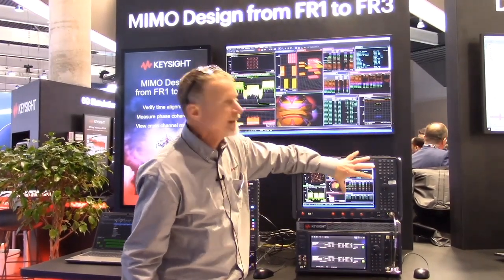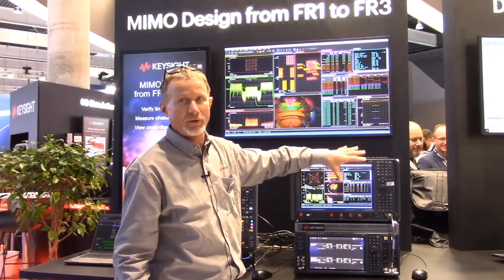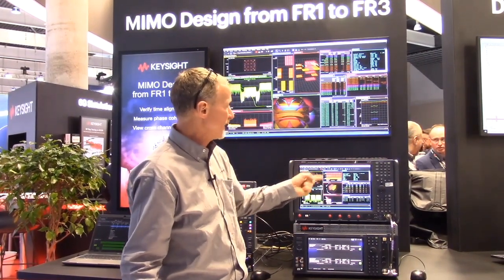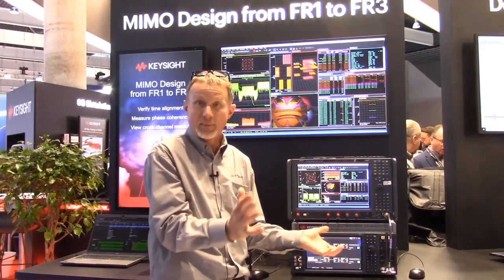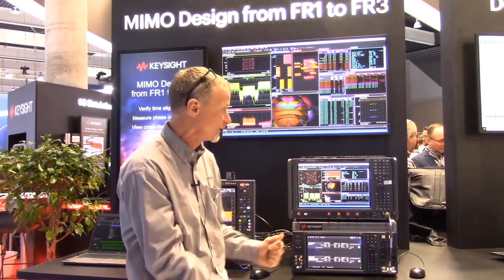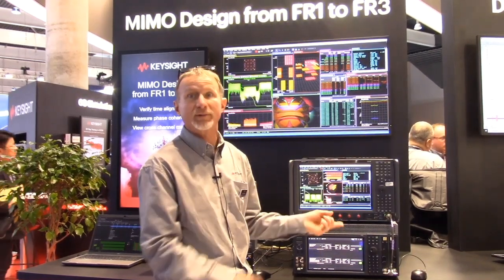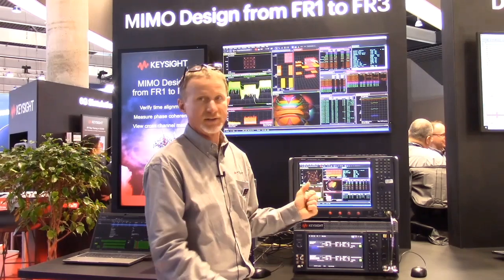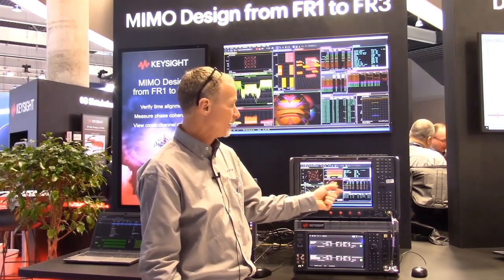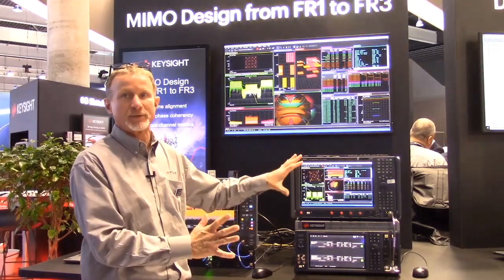But many important cross-channel measurements can be made with a single-channel analyzer like this. So even though we can't demodulate the data portion, we can still demodulate the demodulation reference signals, or pilot signals, and we can see the EVM of those, and more importantly, the time alignment between them, which is very important to understand, as well as the power that is being generated there. So this is just a quick example of some of the measurements we can do.